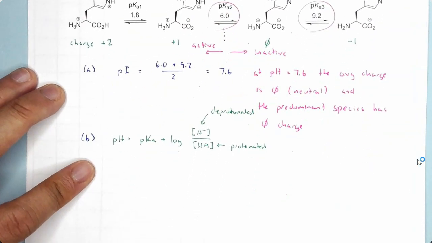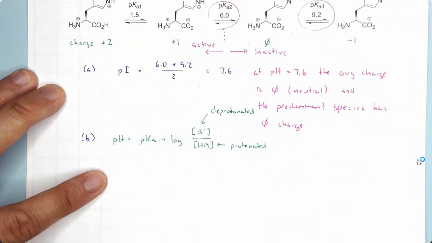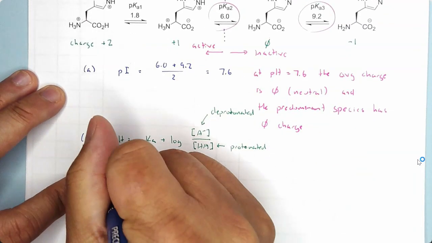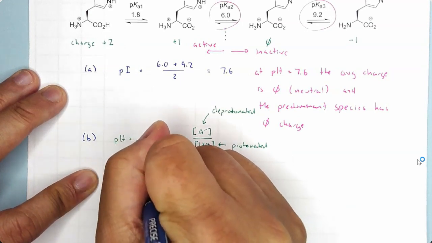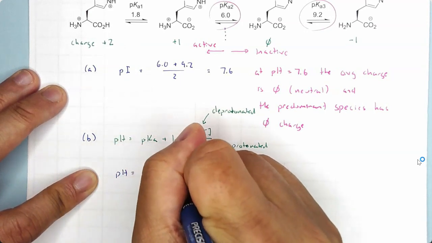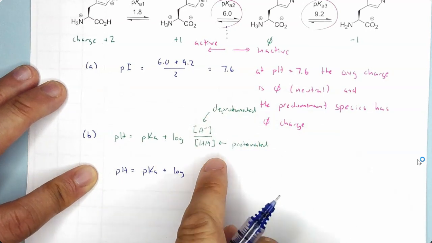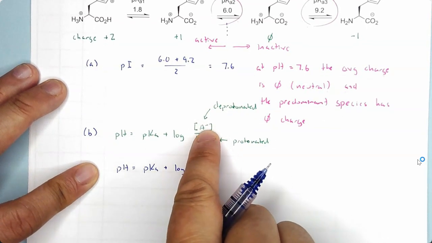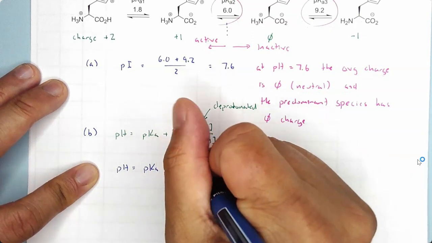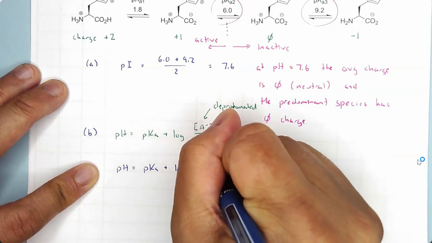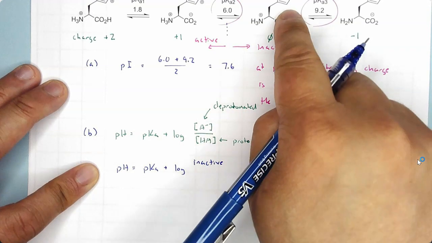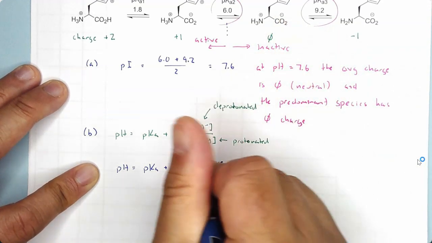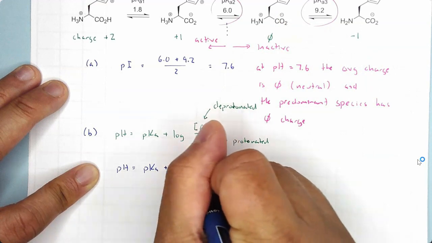If we substitute A minus and HA, this is where it gets a little bit tricky. You have to realize that we really mean inactive, active. Right? The deprotonated, in this case neutral, and the protonated, which is positively charged.